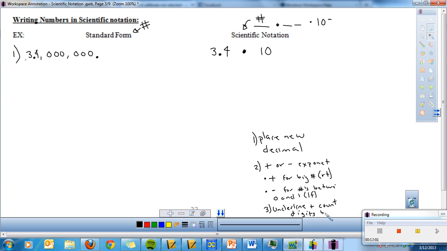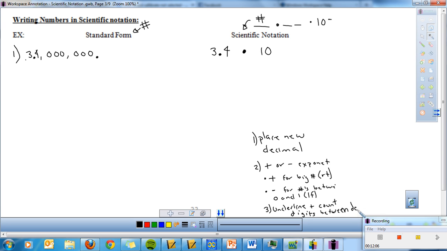Underline and count the digits between decimals. You might have to put your first one in, and you might also have to put in your second one because it's assumed that other decimal is right before you get to things that are lower than 0. So I'm going to underline the spaces in between. 1, 2, 3, 4, 5, 6, 7. There are 7 numbers in between these two decimals, so this is 3.4 times 10 to the 7th.